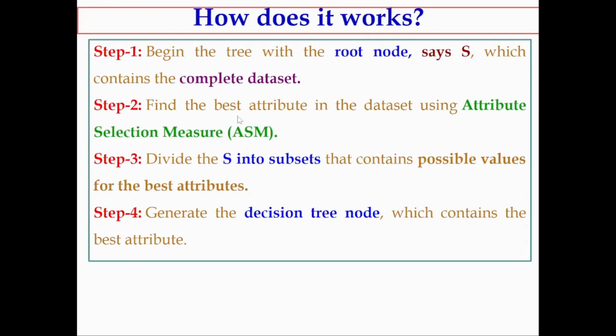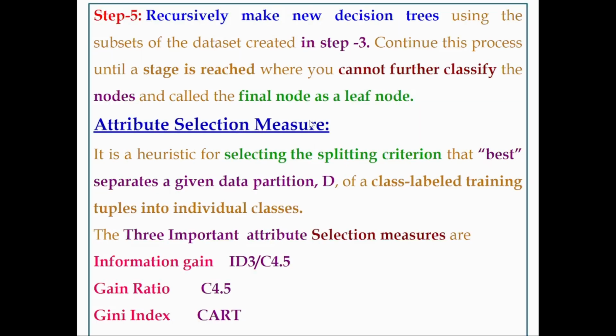Here we have seen the attribute selection measure. How to do this? The attribute selection measure is a heuristic for selecting the splitting criterion that best separates a given data partition of class-labeled training tuples into individual classes.